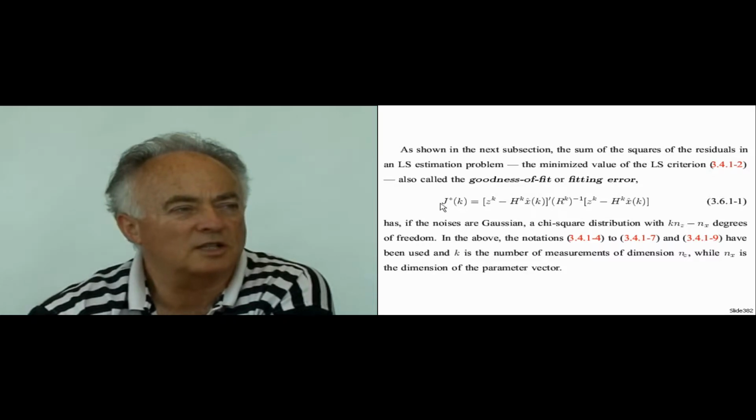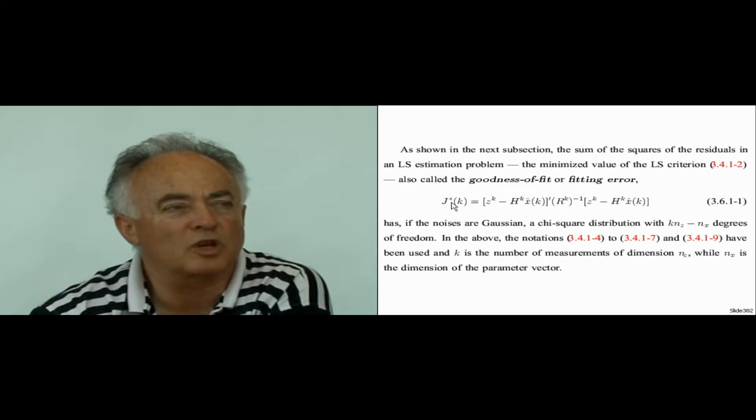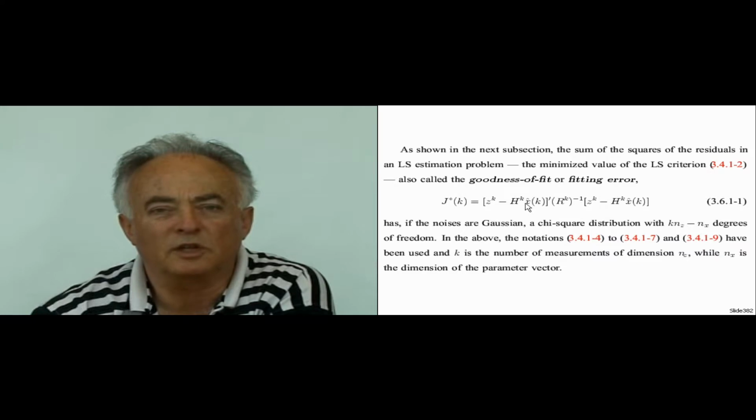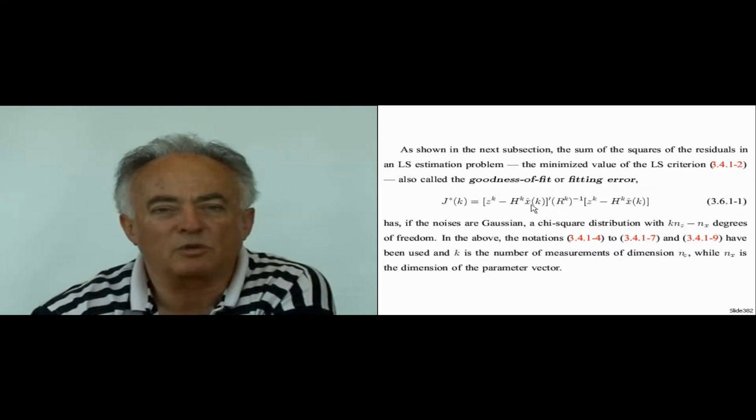This is J star, with star in this case standing for the optimized or minimized value of the function J. This expression, which is a quadratic form in x, was the criterion on which we carried out the minimization, and therefore according to which we come up with the estimate. And now, if we find the estimate x hat(k) and put it back into the criterion, we can look at the resulting number, which is a scalar, as a measure of how well the model we used fits the problem.